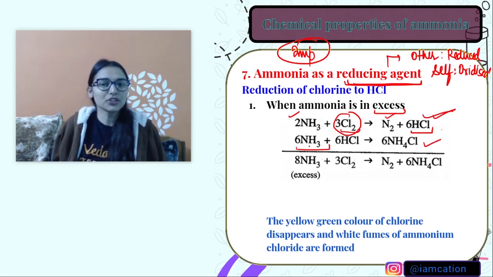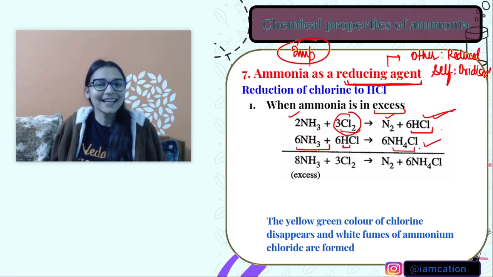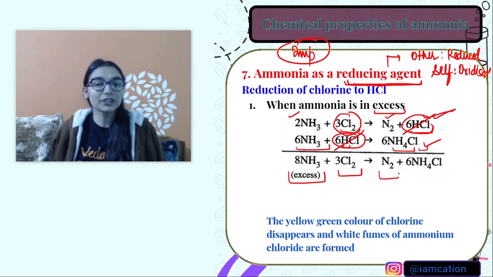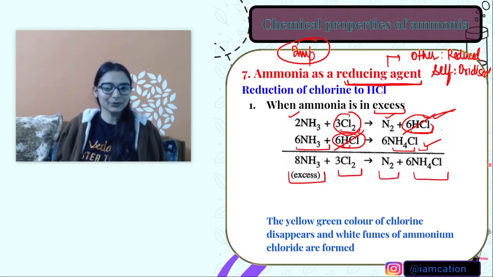There is no other option. Here, 3 hydrogen, 1 nitrogen, they take up 1 hydrogen, we get ammonium ion and chloride. So in the overall reaction, this 6 HCl is common, we can cancel it. So the reaction is 8 moles of ammonia in excess reacting with 3 moles of chlorine to give us nitrogen and ammonium chloride.